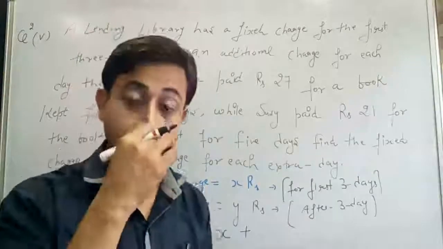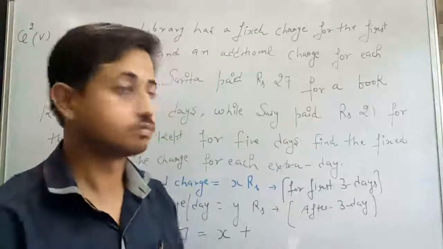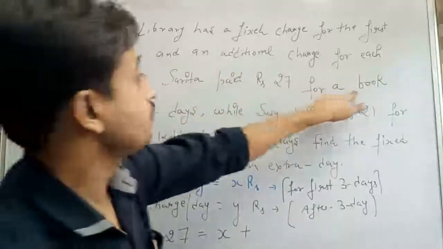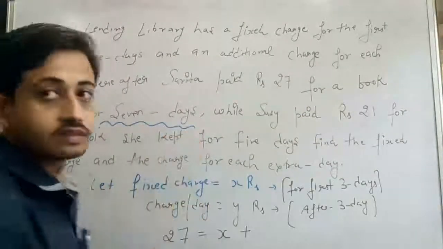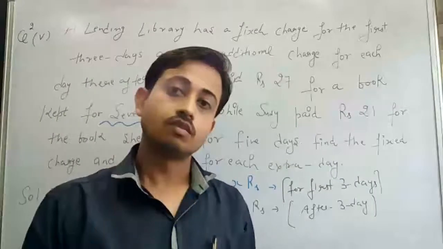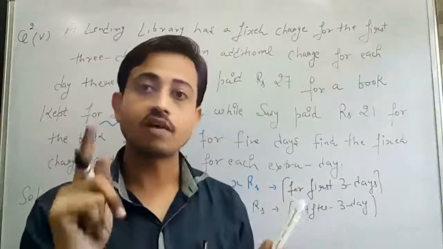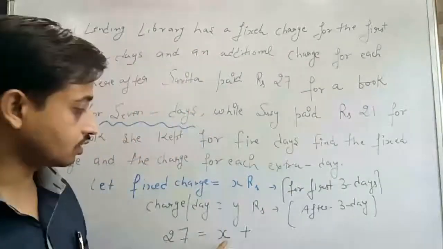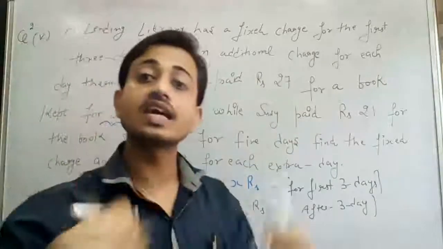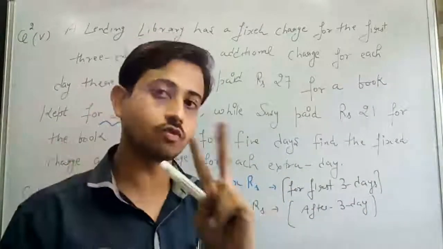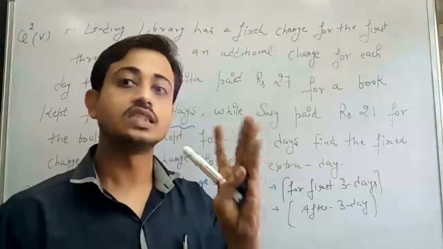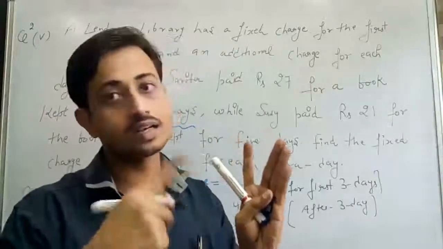Now, calculate the number of days after 3. For a book of 7 days, for 3 days she has to pay a fixed charge which is equal to X. Then the next 4 days, because she kept the book 7 days, so 7 minus 3, 4 days. For those 4 days she has to pay a charge per day.